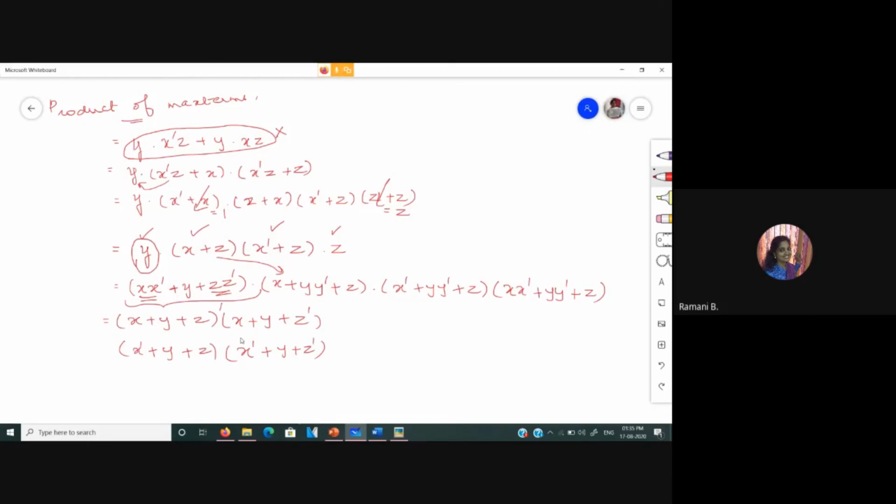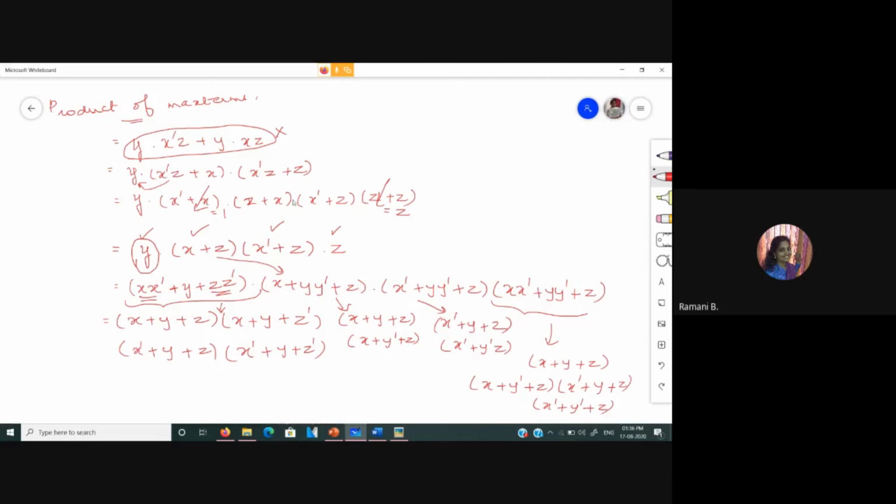So this will give me 4 terms, and this is going to give me x plus y plus z, x plus y bar plus z, and this will give me x bar plus y plus z and x bar plus y bar plus z. And again this term will give me 4 terms, x plus y plus z, x plus y bar plus z, x bar plus y plus z, and x bar plus y bar plus z.